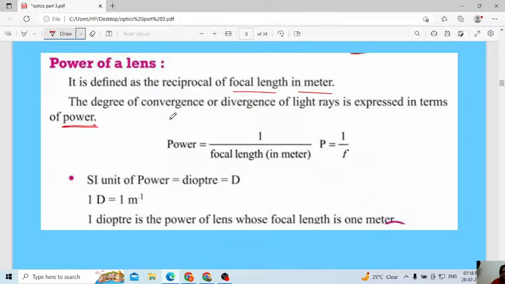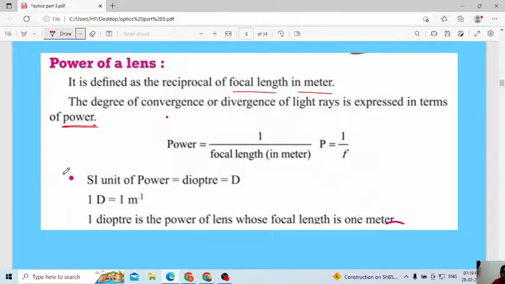Convergence means all the light rays meet at a single point. Divergence means the imaginary rays appear to meet at a single point. The degree of convergence and divergence, that one we will consider as the power of a lens.